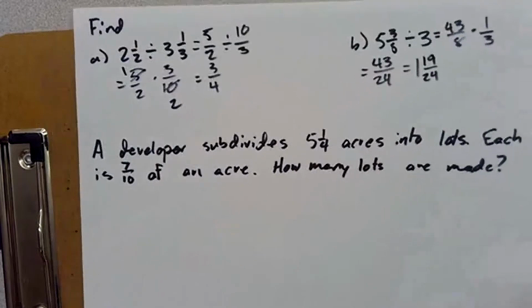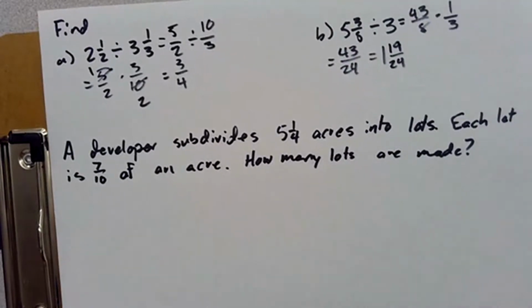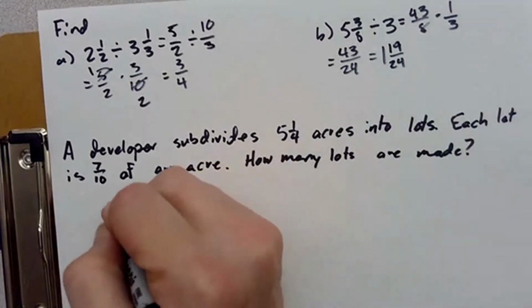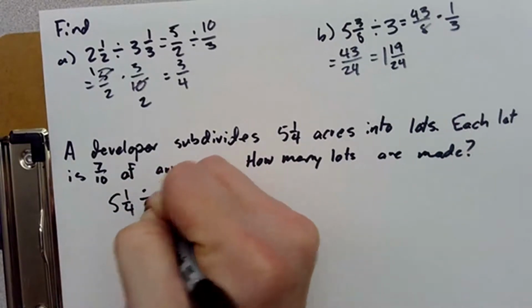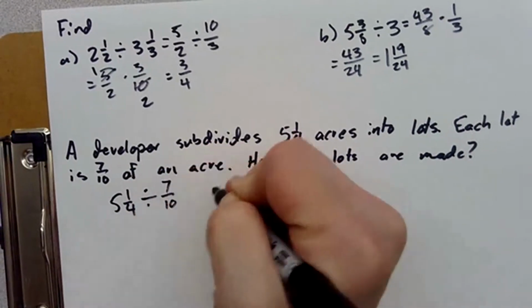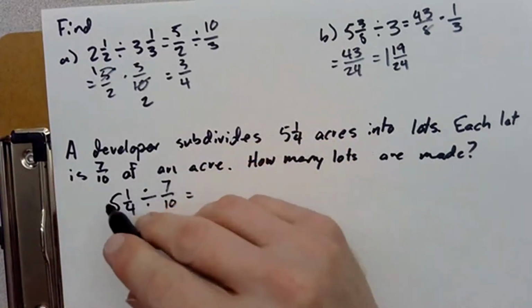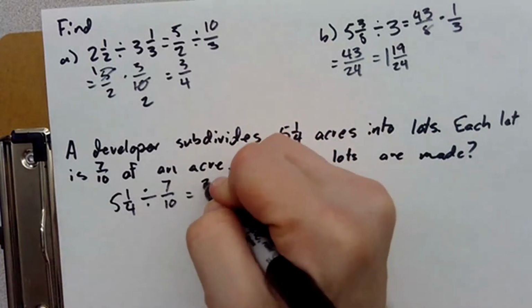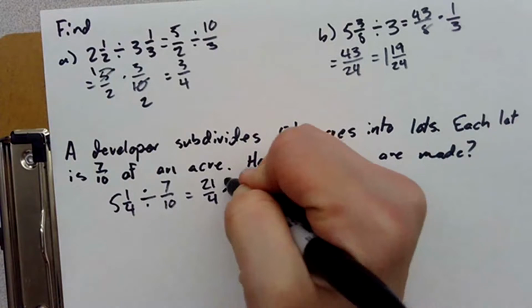Developer subdivides 5 1/4 acres into lots. Each lot is 7/10 of an acre. How many lots are made? So we take 5 1/4 divided by 7/10. We rewrite this with an improper fraction here. That's going to be 21/4 times 10/7.